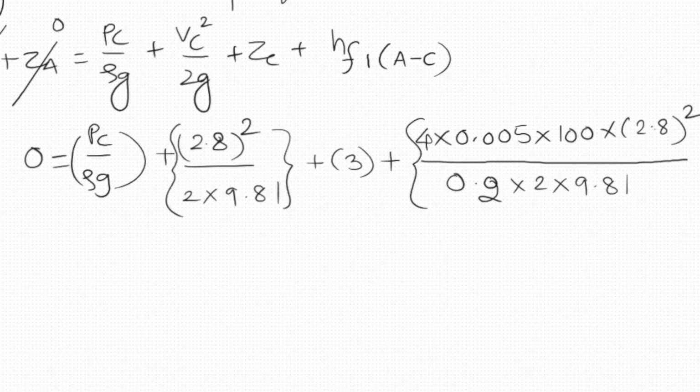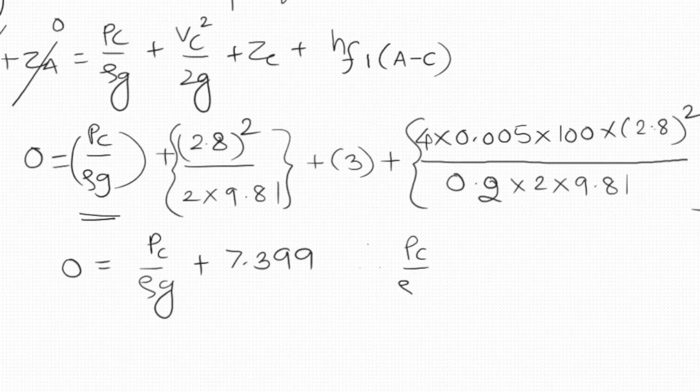So friends, here the value of PC by rho G, that is pressure head, is unknown. So 0 equal to PC by rho G. What values I am getting here is 7.399. That is PC by rho G is equal to minus 7.399 meters.